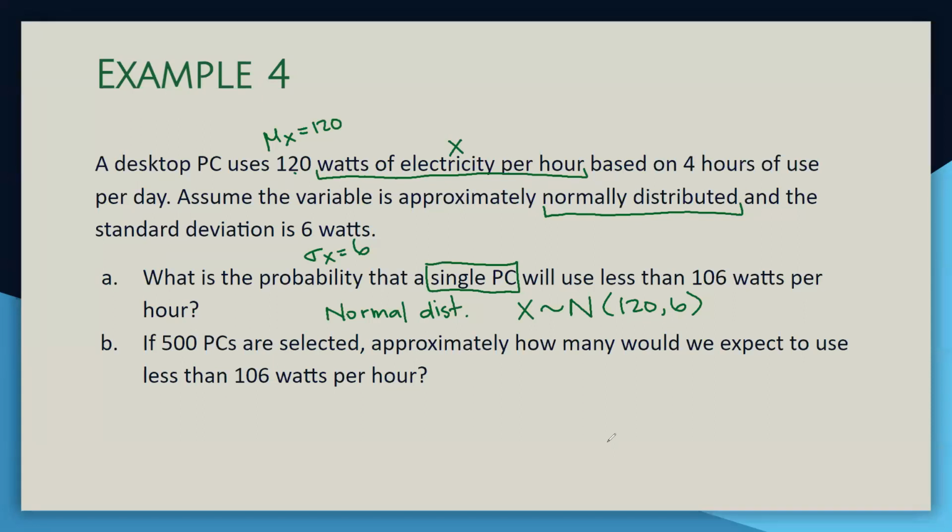Can I use that percentage and the fact that I've got 500 PCs to figure out how many will use less than 106 watts? So B actually isn't asking about a normal distribution or a sampling distribution. It's asking you to use that probability you found in A to make a prediction. So this is actually neither, and we're going to look more closely at this in our very last video for the week.